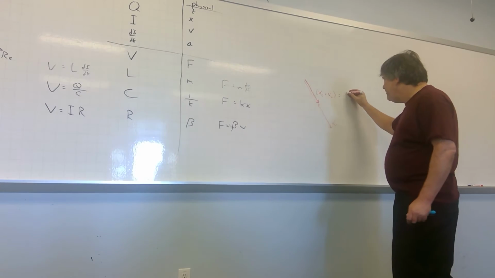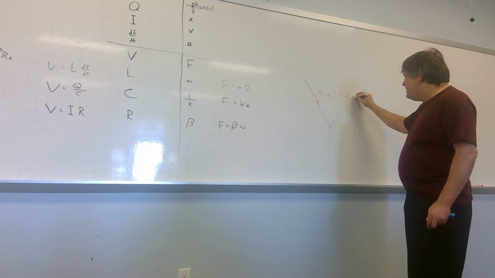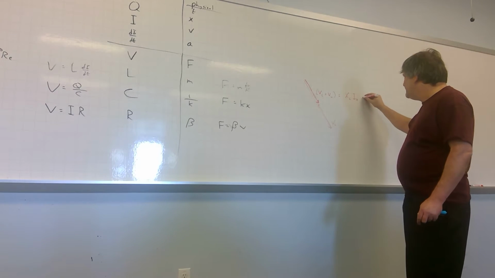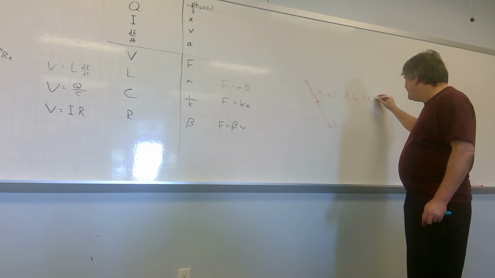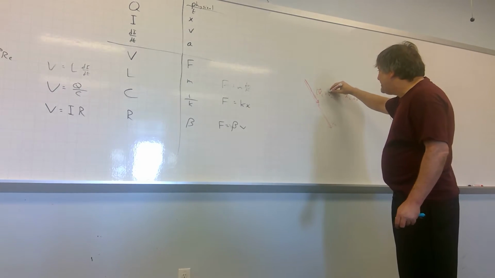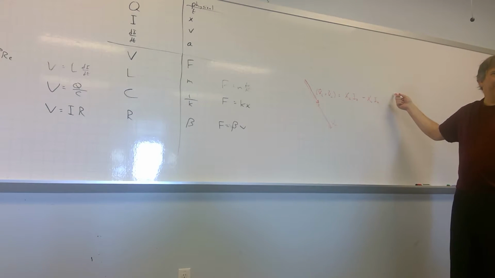And what's it equal to? It's equal to, well, the voltage across the capacitor is the impedance of the capacitor times the current amplitude. And the voltage on the inductor is the impedance of the inductor times the current amplitude. And while I'm saying I'm adding the vectors, I actually subtract their amplitudes to get the amplitude of this one.